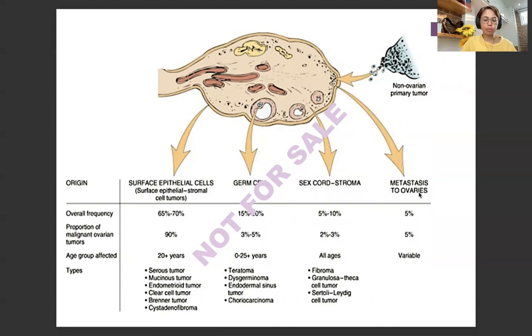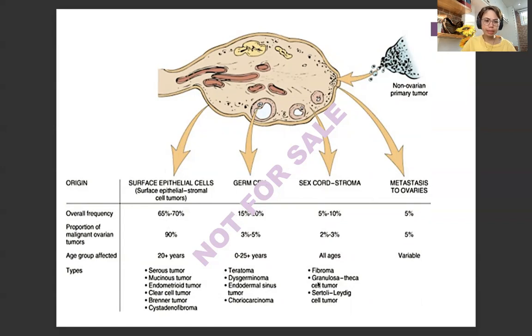So basically, for discussion, we'll give you the surface epithelial cell neoplasm, germ cell neoplasm, sex cord stromal neoplasm. Again, the most common is surface epithelial, followed by germ cell, followed by sex cord stromal in overall frequency.